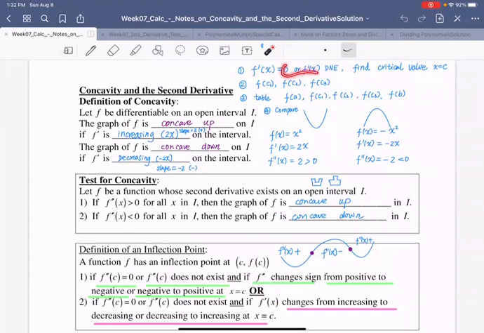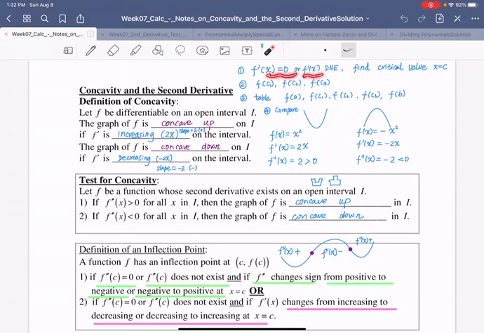For the extreme class, we know that we can do the candidates test to tell if a point can give us a minimum value or a maximum value. The 4 steps are listed here. Step 1, you want to look for your first derivative, and you make your first derivative equal to 0, or your first derivative does not exist.